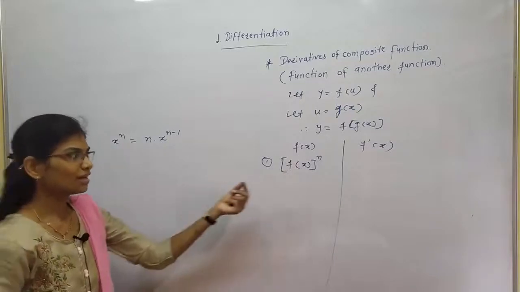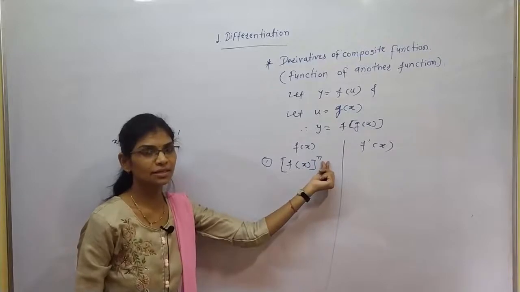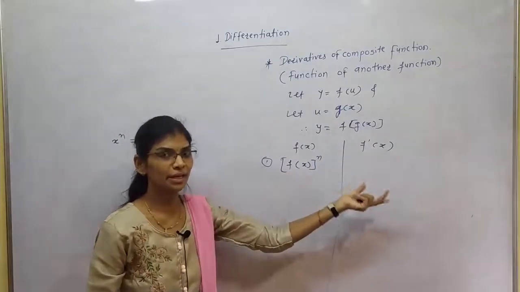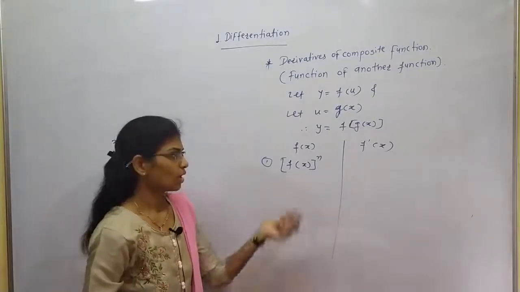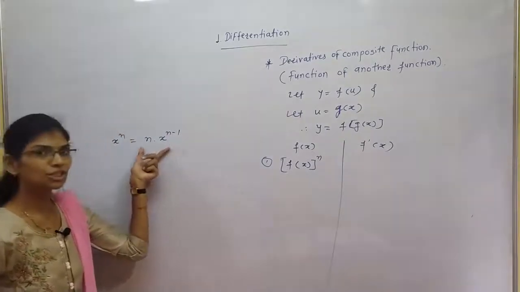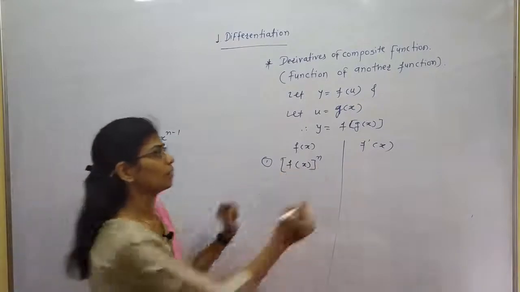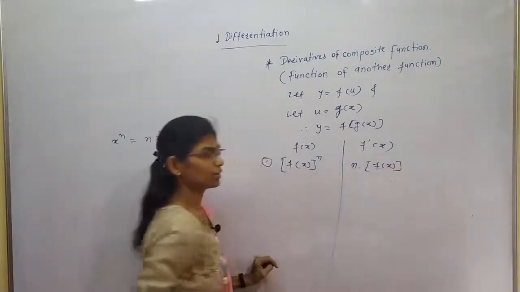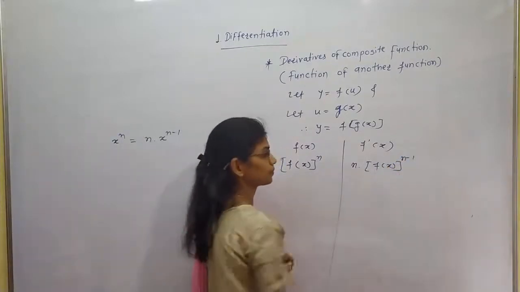But here a whole function is there raised to its index. Its power may be a number or may be any trigonometric function. At that time we have to take its derivative in this form, n multiplied by f of x raised to index less by 1, that is n minus 1.